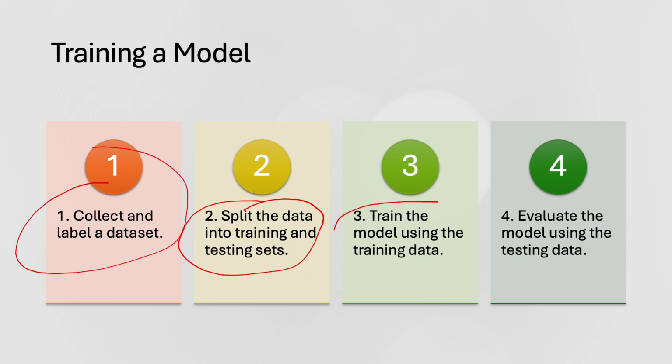Then we train the model using the training data so it learns to recognize patterns. Finally, we evaluate the model using the testing data to see how well it performs. This ensures the model can generalize to new and unseen images.